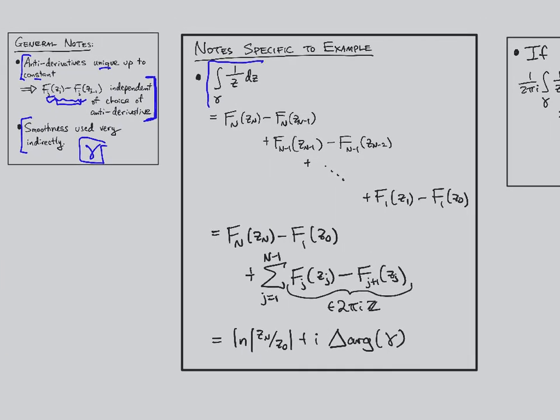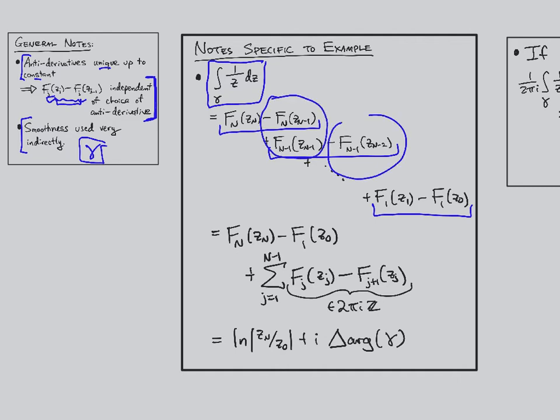Notice we computed the line integral of 1 over z on gamma using a bunch of these differences of antiderivatives. And I'm going to rewrite it because I want to compare these things all the way down the line. So I'll have Fn minus 1 at zn minus 1 and Fn at zn minus 1.